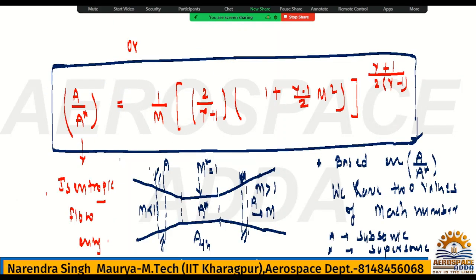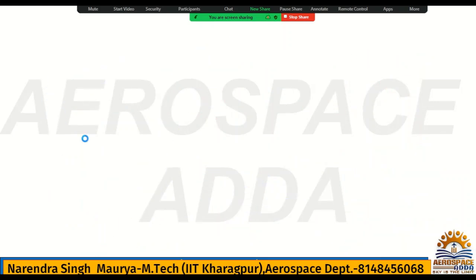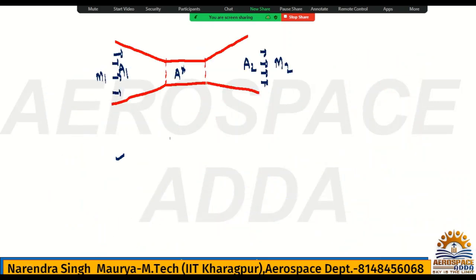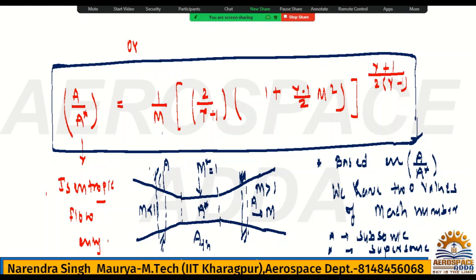I can write A2 by A1. So this M will be reciprocal and this M is directly proportional. If you wish to write A2 by A1, then just take the reciprocal, because this Mach number outside the bracket is the reciprocal.